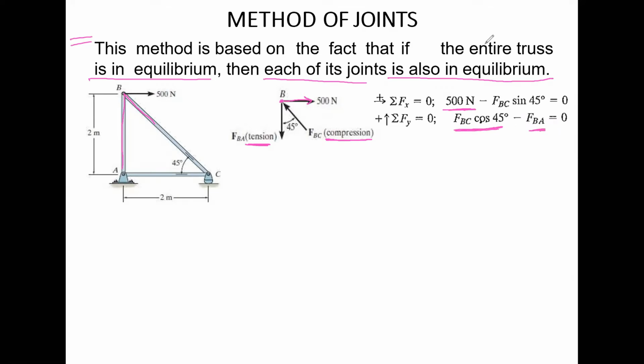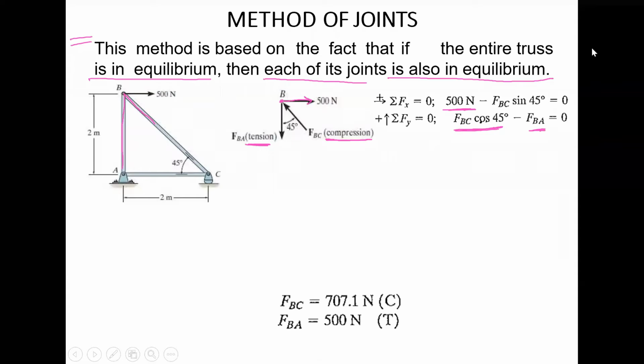Solving these two equations, we get FBC equals positive 707.1 Newton and FBA equals positive 500 Newton.